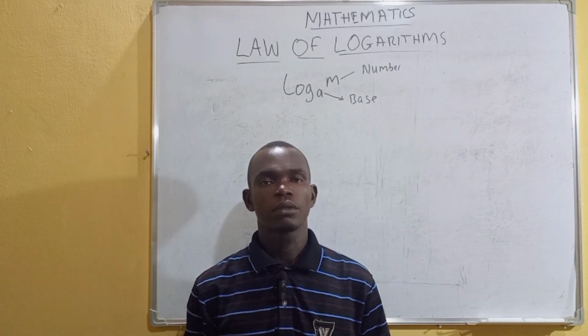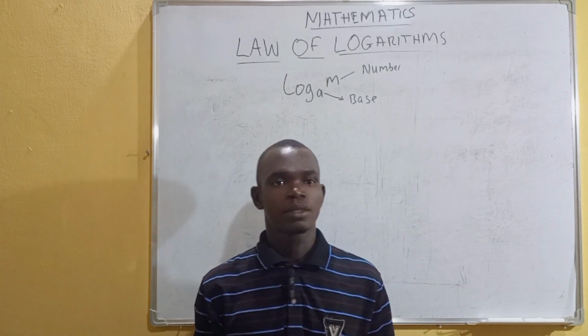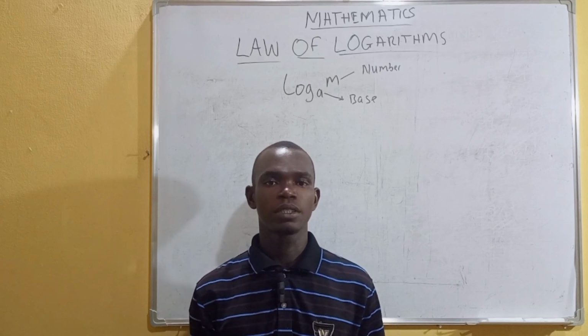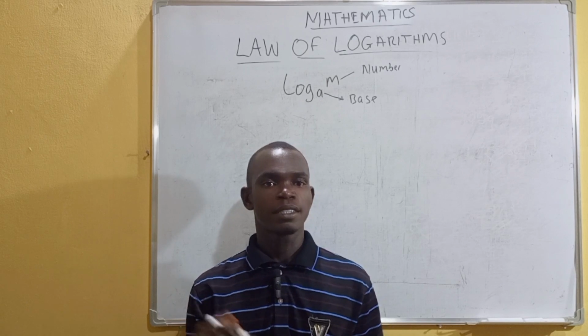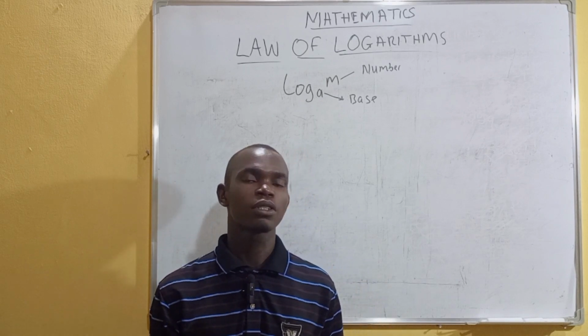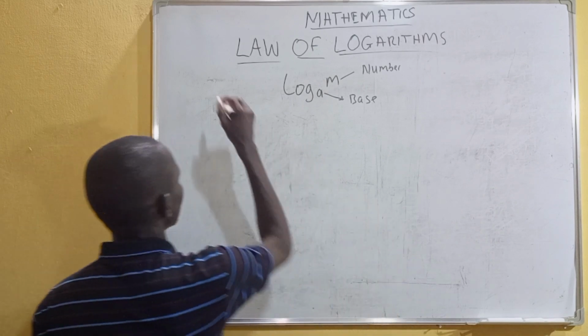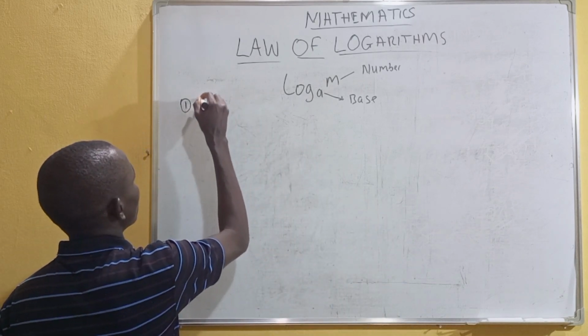Logarithms are governed by certain laws. One is the addition law. When two logarithms of the same base are added together, the result is the product of the two numbers to the common base. We have one, which is the addition law.